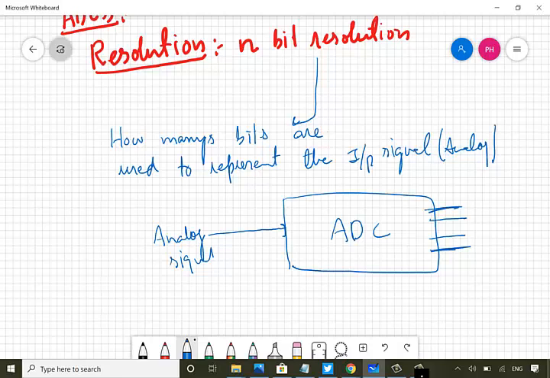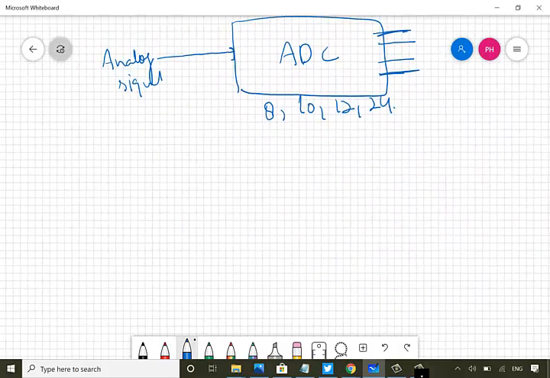That means every input voltage will be represented using 4 bits. And similarly ADCs can have 8-bit resolution, they can have 10-bit resolution, they can have 12-bit resolution, and they can have 24-bit resolution.